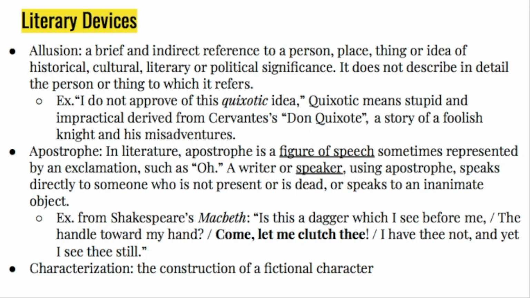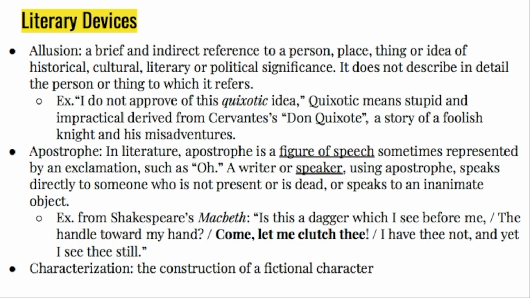So an allusion with an A, not an illusion, allusion, is an indirect reference to a person, place, thing, or idea of historical, cultural, literary, or political significance. It doesn't go in depth. So just the vocabulary word quixotic comes from the first novel in Western literature that is a modern novel, which was Don Quixote, written by Cervantes in Spain.